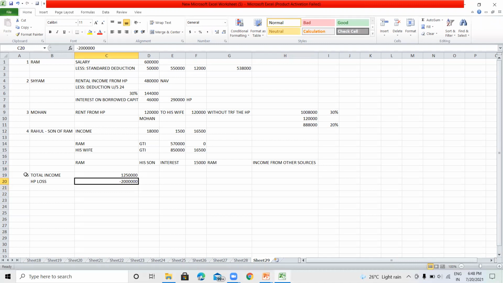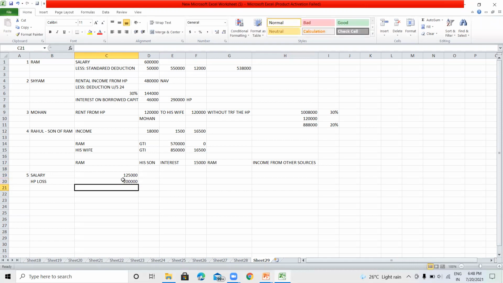In this case, the loss is more than the income. For example, the assessee has only two heads, salary income of 1,25,000 rupees and house property loss of 2 lakh rupees.